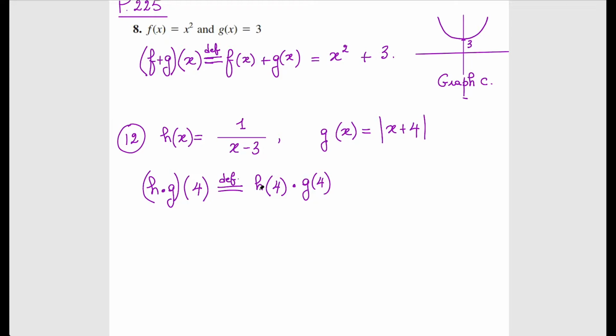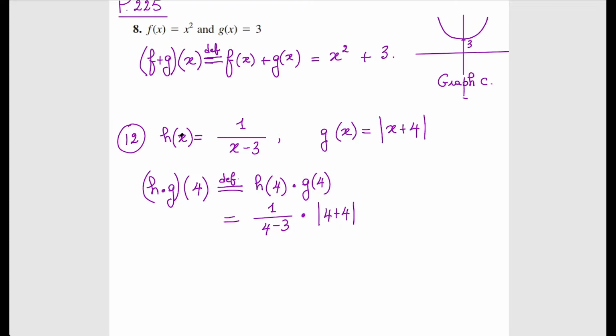So we're going to find what 4 takes as an output if you input it in h, and we're also going to find the output of 4 under the function g and then multiply the results. Okay, so h of 4, what's h of 4? The input is 4, so the x is 4. I'm going to have 1 divided by 4 minus 3. Okay, so this value is h of 4 times g of 4, and g of 4 is the absolute value of 4 plus 4, correct?